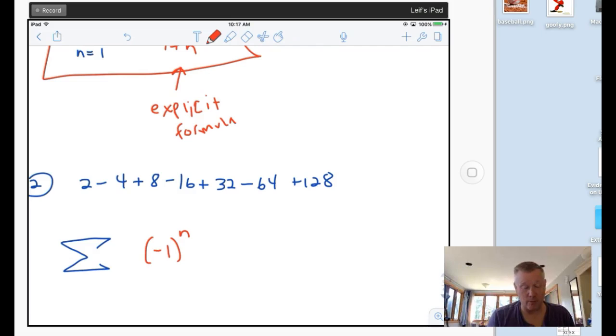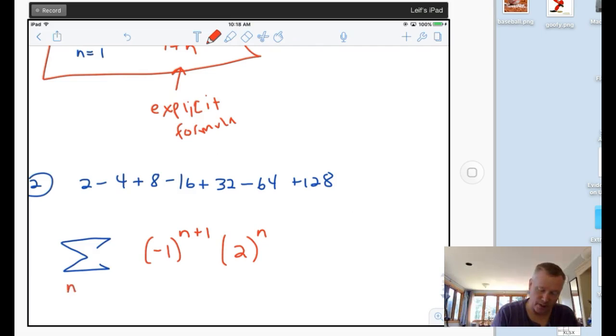I want it to start with positive, so if I add 1 there, now I've got positive first, negative second, positive third, etc. Now I need to find out what's going on with that pattern there, 2, 4, 8, 16. Those are the powers of 2, and if I put it to the nth power and plug in 1 for n, I get 2 first, and then 4, and then 8. So that's the explicit formula, and that goes after the sigma sign.